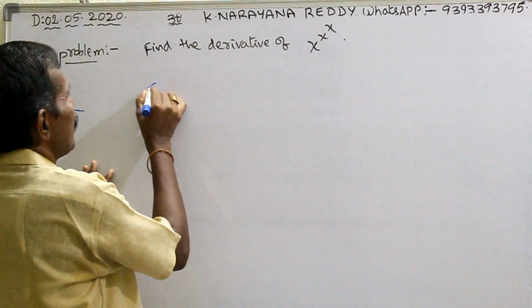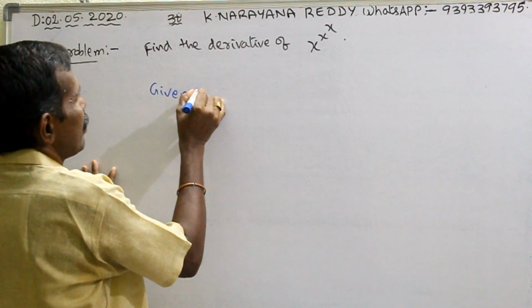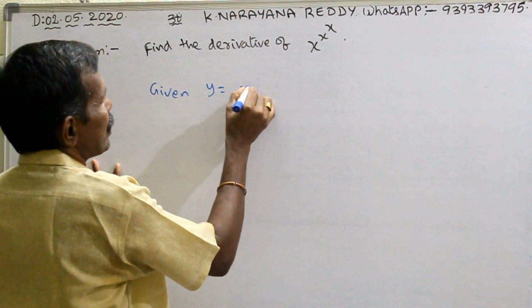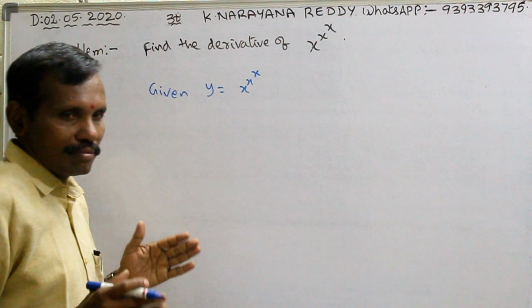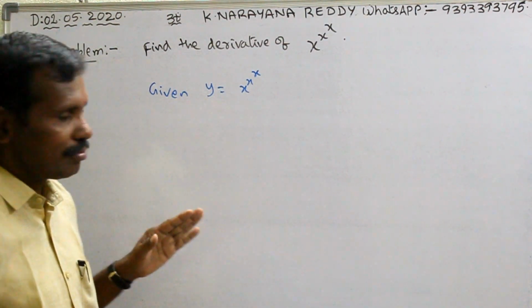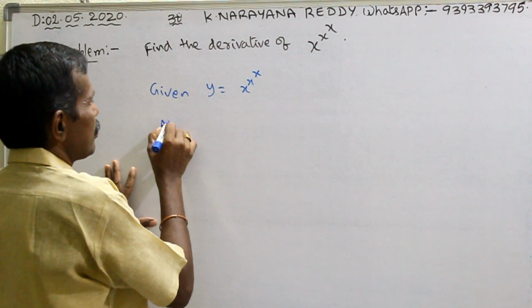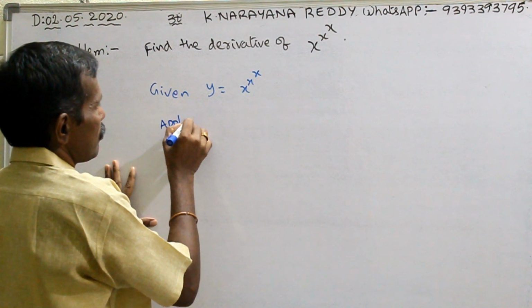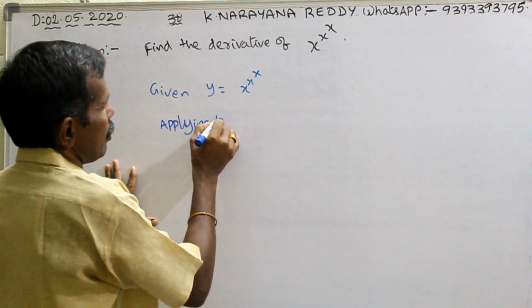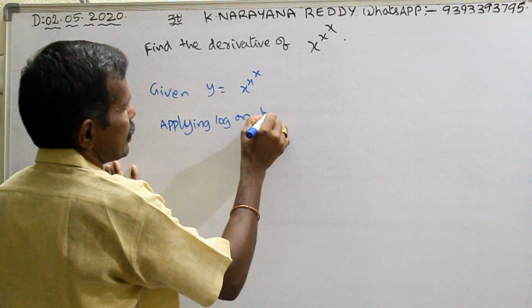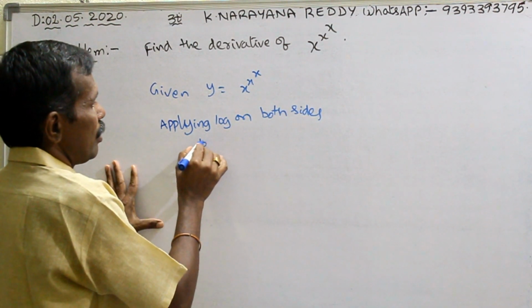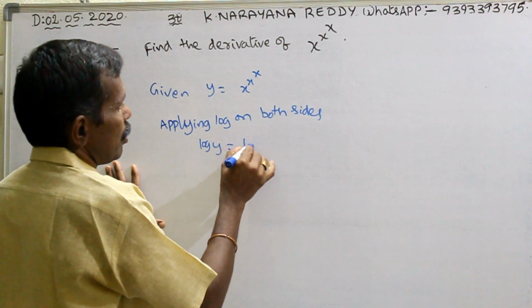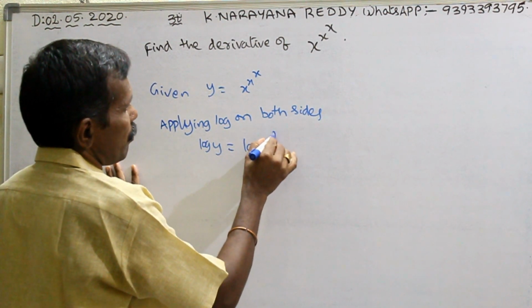See here, given y equals x to the power of x to the power of x. Now this can be done by using logarithms. Applying log on both sides, log y equals log of x to the power of x to the power of x.